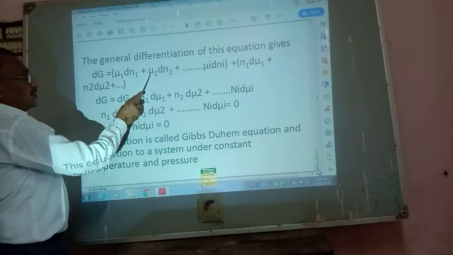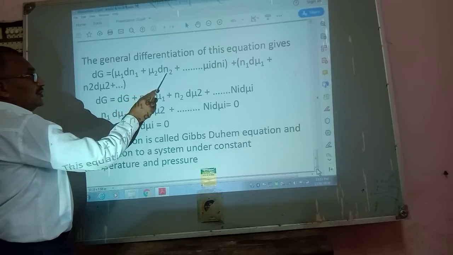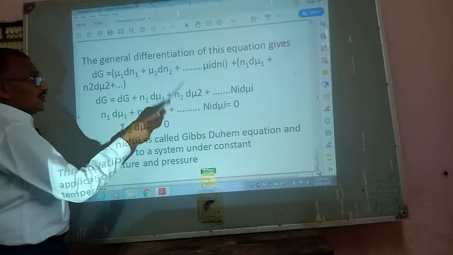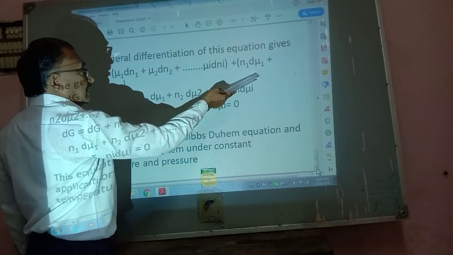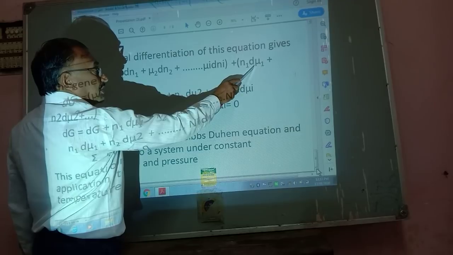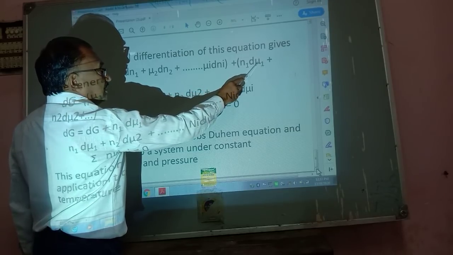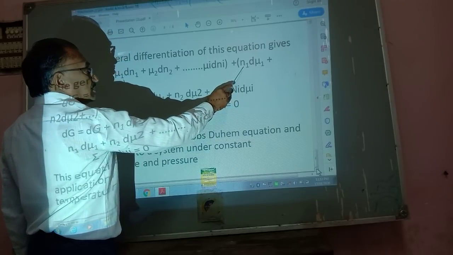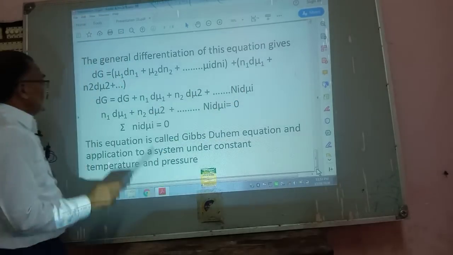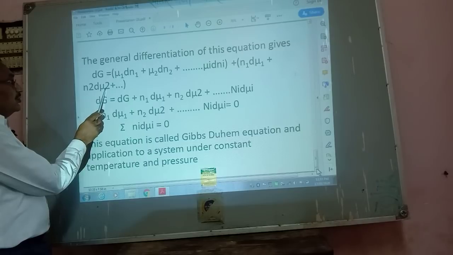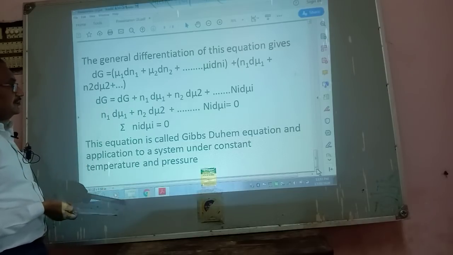Similarly, the second term is mu2 into dn2. Next, we maintain n1 as constant and differentiate mu1, which gives d mu1, so we get n1 into d mu1 plus n2 into d mu2 plus.